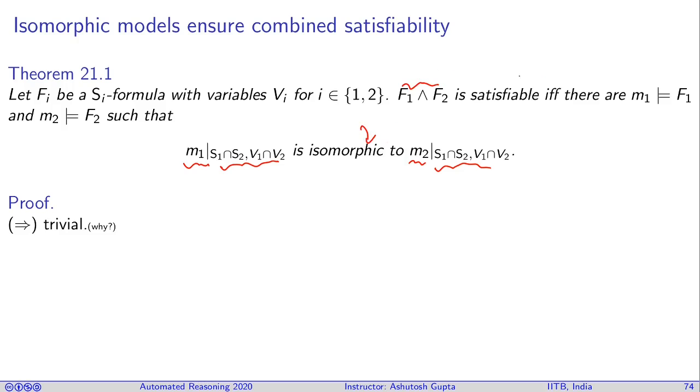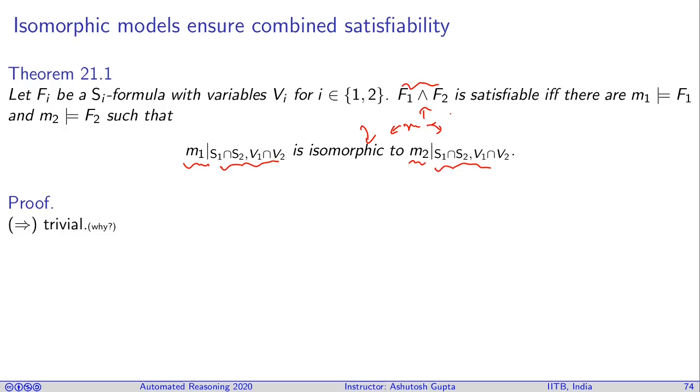Then F1 and F2 is satisfiable if and only if this holds. So how is that happening? Suppose F1 and F2 is satisfiable. Then you can choose a model, project on the variables of S1 and the variables of S2, and then you get models for F1 and F2, and then you are done.